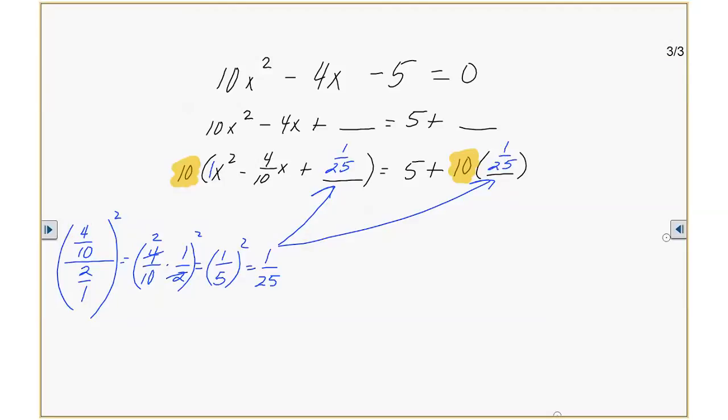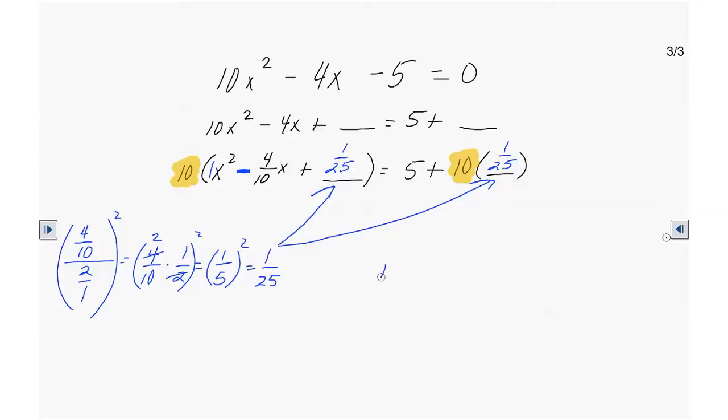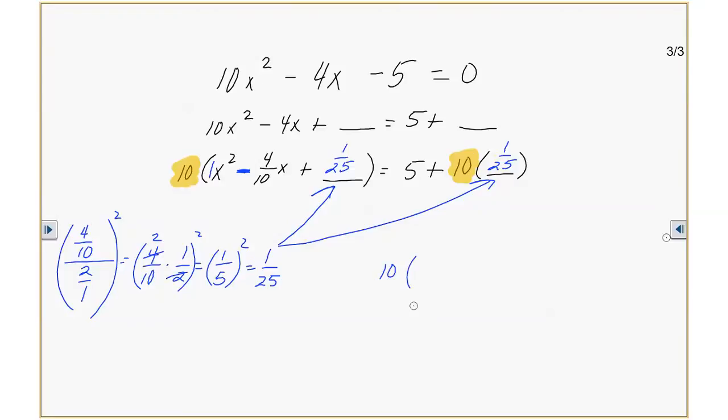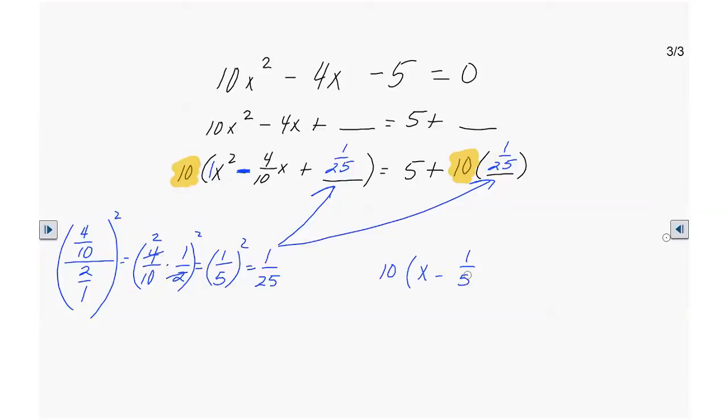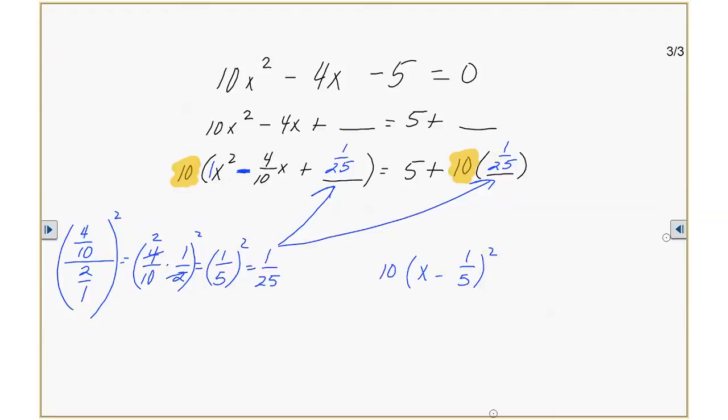Now you got shortcut number what over here? Number 2. You're either going to have shortcut 1 or 2, so all it depends on is that sign right there. So that's going to give you 10 times x minus 1 over 5 quantity squared is equal to, let's go ahead and knock this 5 out.